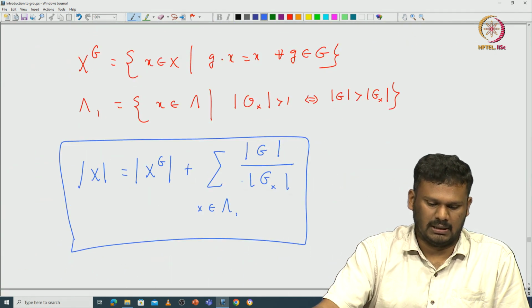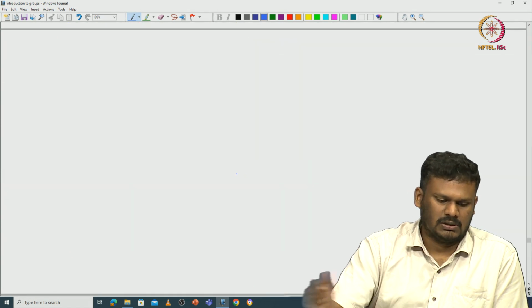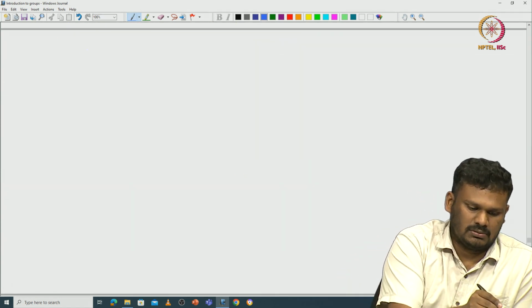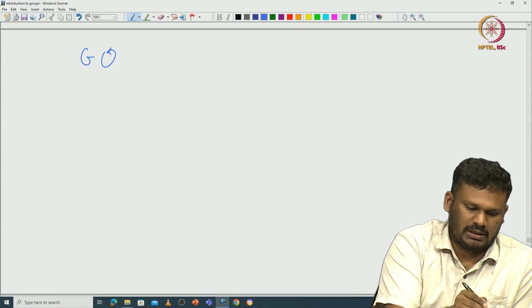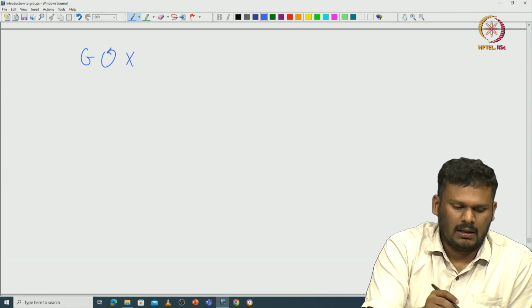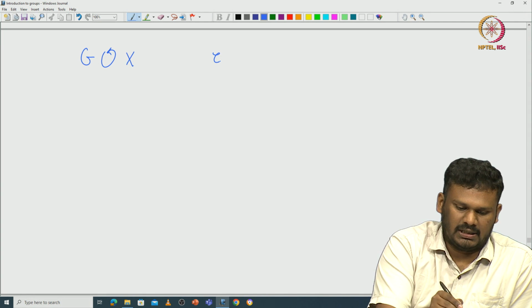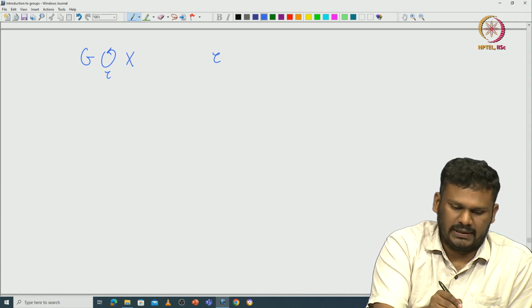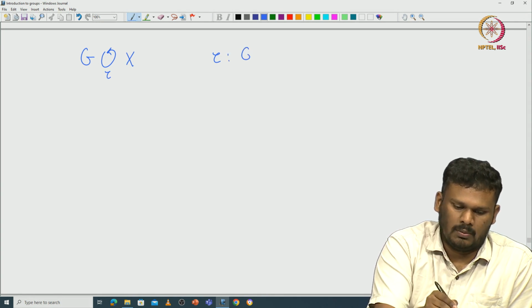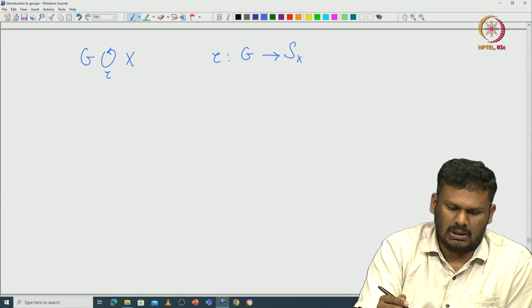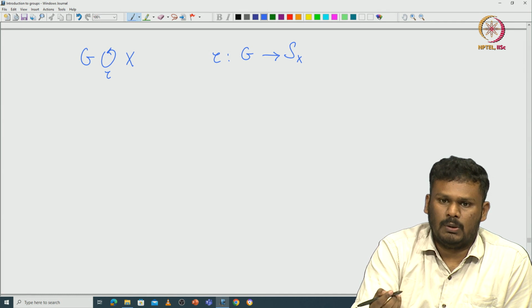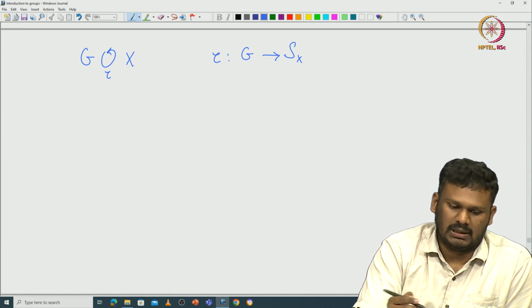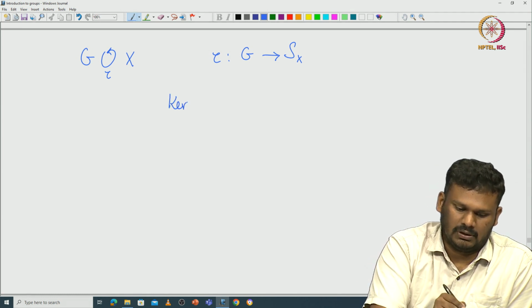So, here there are more things. For example, when G acts on capital X via this tau, then tau is a group homomorphism from G to Sx. Now once you have a group homomorphism, you can define the kernel of tau.